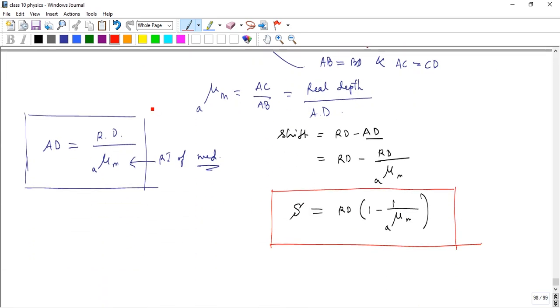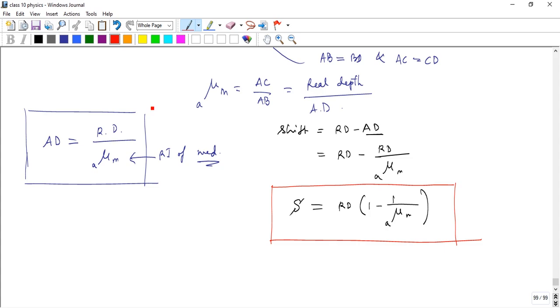All right. That shifting depends on some factors. First factor is the refractive index of the medium, meaning water, glass, in a medium.